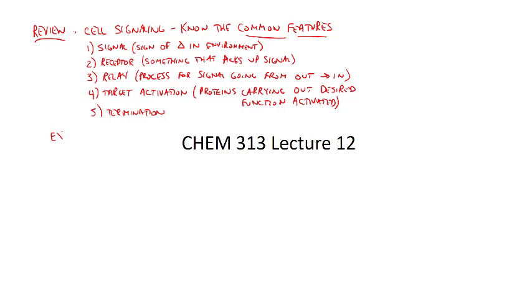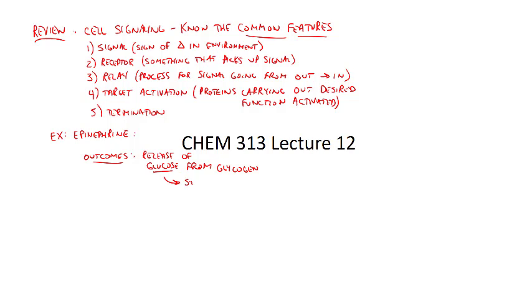So, as an example, last time we talked about the epinephrine signaling pathway. And one of the outcomes of epinephrine signaling was the release of glucose from glycogen, which is a molecule that is used to store glucose. And why would that be an outcome of epinephrine signaling?